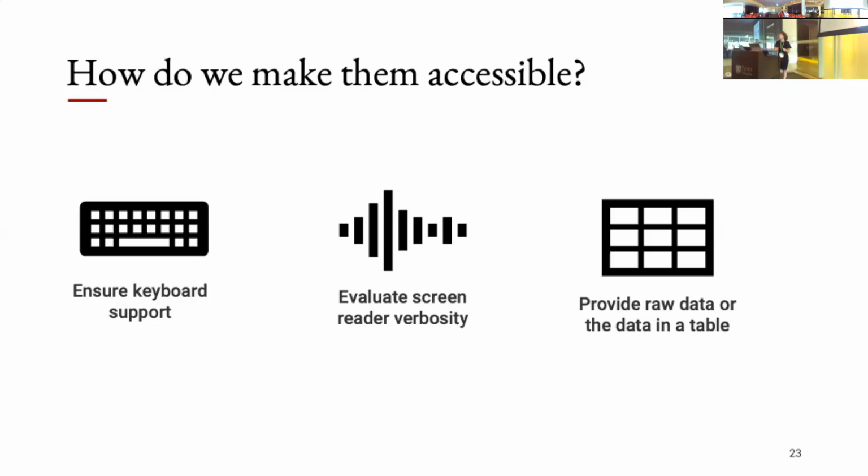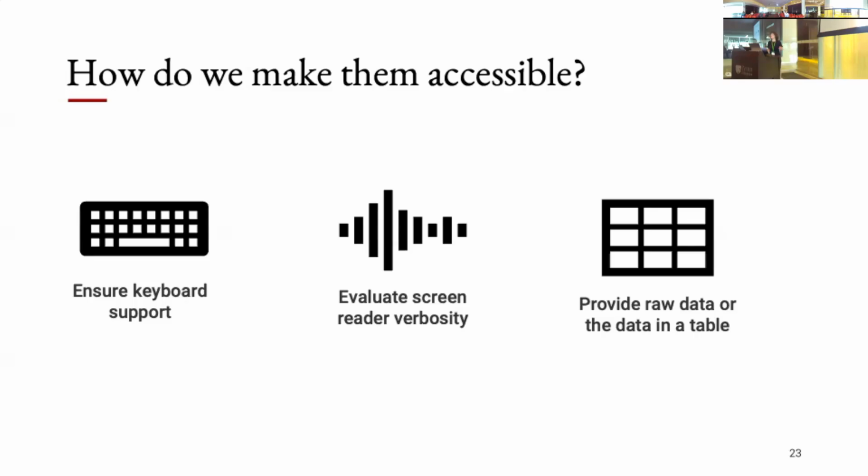That's always a really good first place to start. And if it doesn't work with a keyboard, I don't even bother testing it with a screen reader, because there's a lot of overlap in the way keyboards and screen readers work. So if I can't toggle something with my keyboard, the likelihood of toggling it with my screen reader is really, really low.